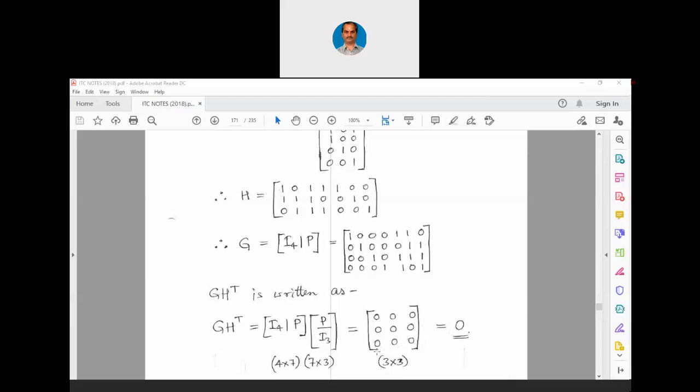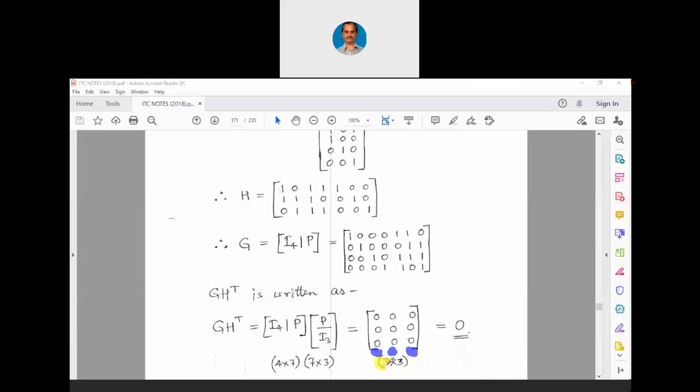I must have written one more row having 0, 0, 0. That I have not written. This is wrong. It is not 3 cross 3. It has to be 4 cross 3. I should have one more row having 0, 0, 0.